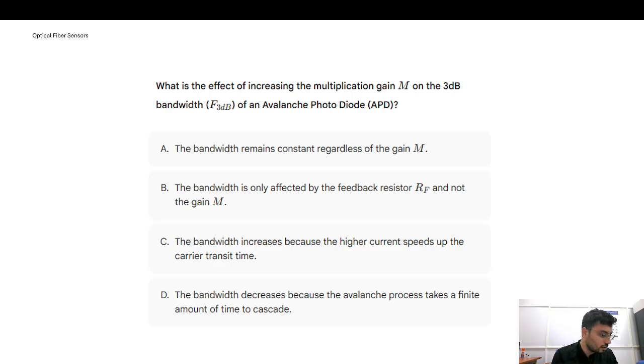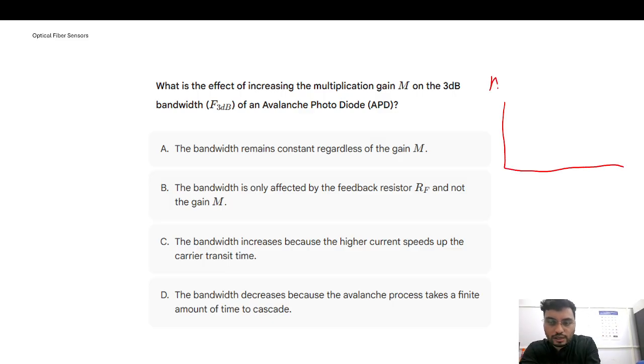The relation is like this: A naught, open loop gain, versus frequency.